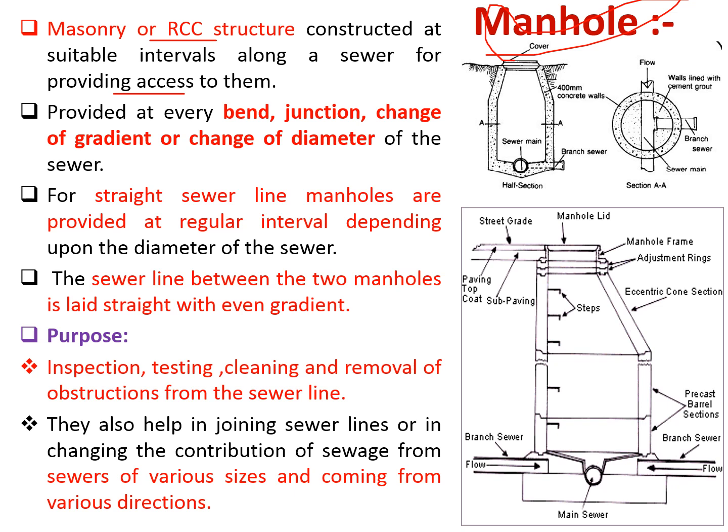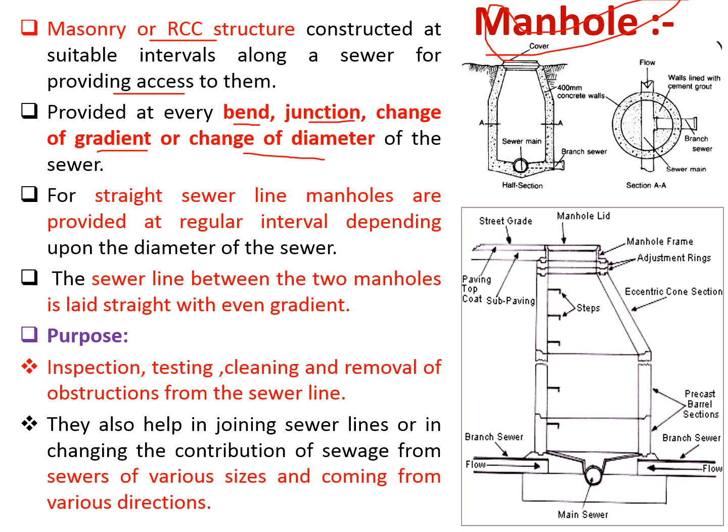Generally it is provided at every bend, at junctions of two sewers where the main sewer meets a branch sewer, where there is an elevation difference, and where there is a change of diameter or change of gradient. At every such junction, manholes are provided.